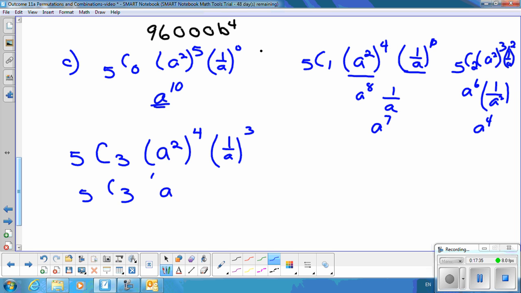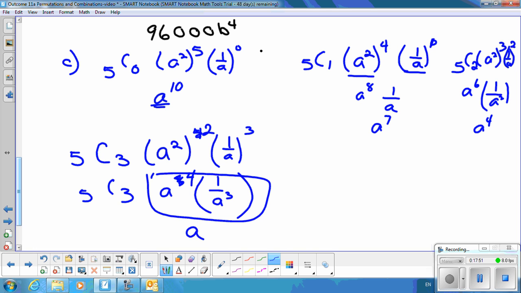A squared to the power of 4 is a to the power of 8, 1 over a cubed. What did I do wrong? Oh, I increased this one. This one should be a squared to the power of 3, which makes this a to the power of 6. When I simplify these two terms, I end up with a, so it is the fourth term in that expansion that contains the letter a.